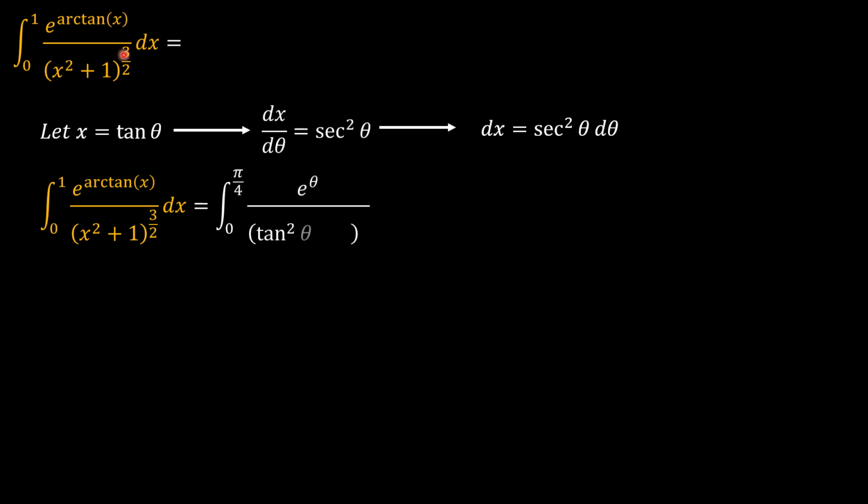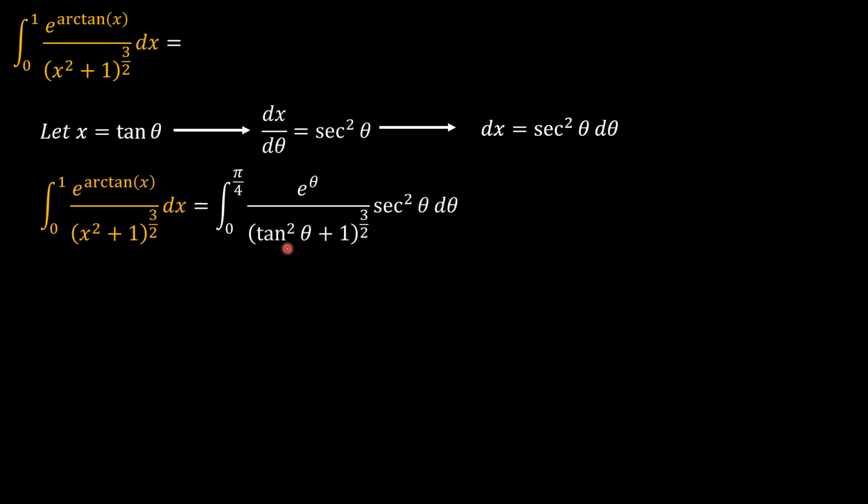Since arctangent of x is theta, we have e to the power theta, and then x squared is tangent squared theta, plus 1 to the power 3 over 2. In place of dx, we have sec squared theta d theta.